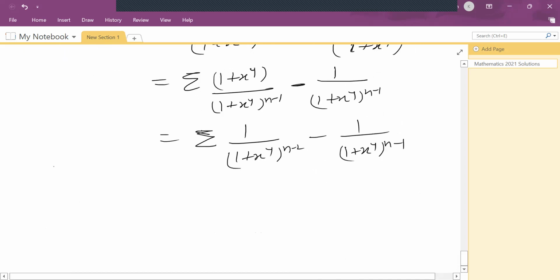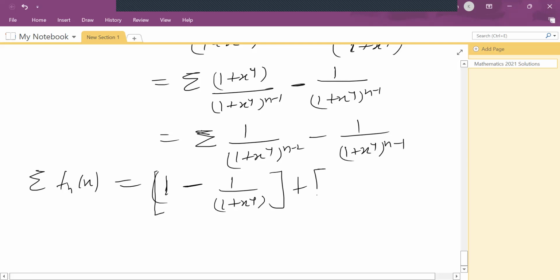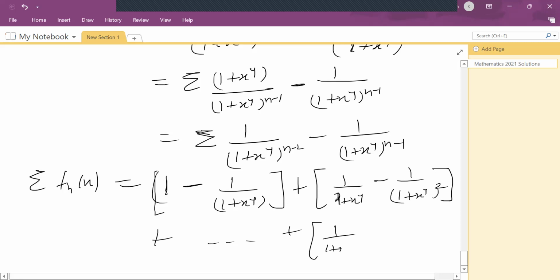So sigma f_n(x) will come out to be, if I start with n equal to 2, the first term 1 minus 1 upon (1 plus x^4), plus 1 upon (1 plus x^4) minus 1 upon (1 plus x^4)^2, and this will go on like this, plus 1 upon (1 plus x^4)^(n-2) minus 1 upon (1 plus x^4)^(n-1).